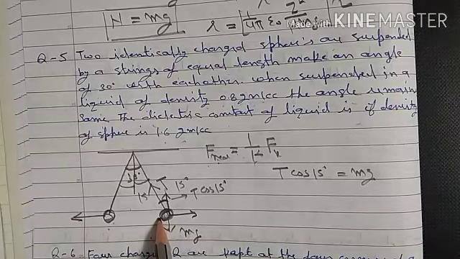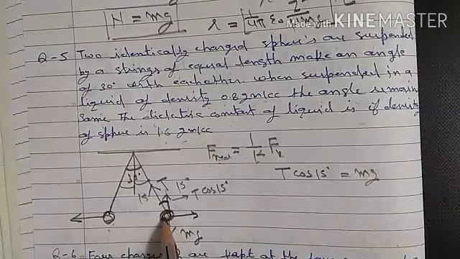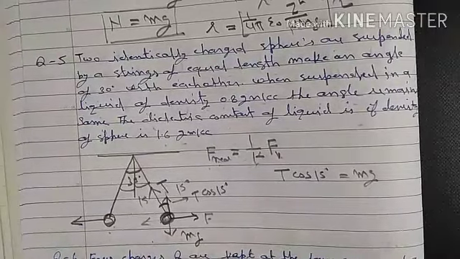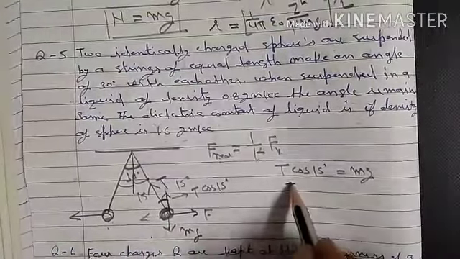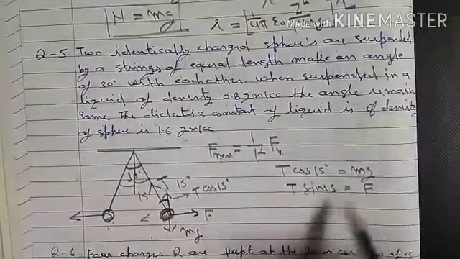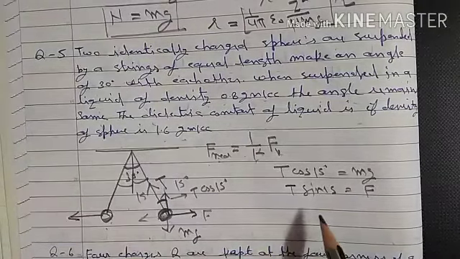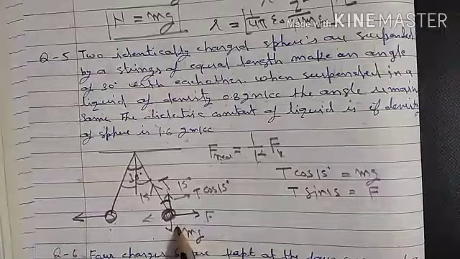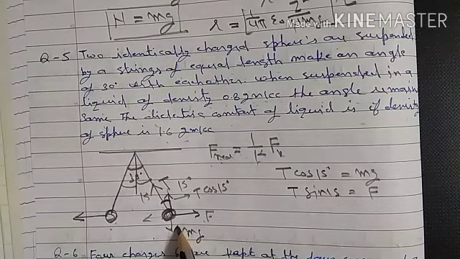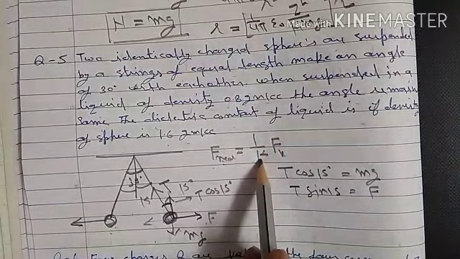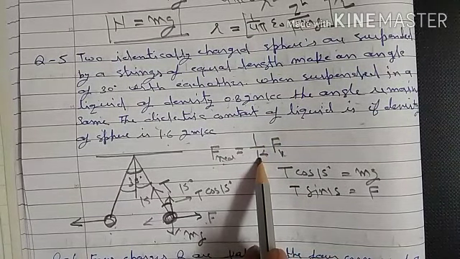And T sin 15 is equal to F, and you know that F is the electrostatic force. When this setup is immersed in a liquid medium, then the force F will become F by K.